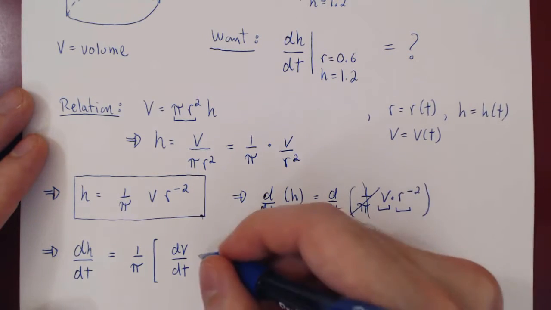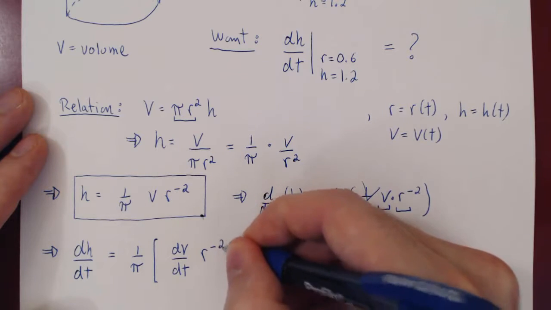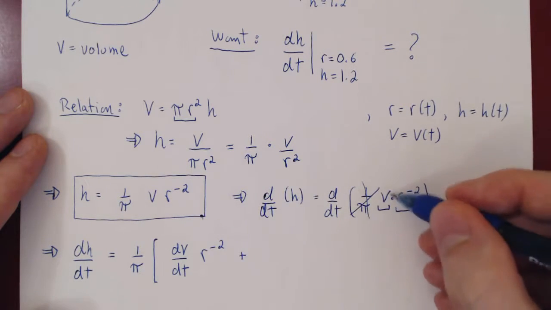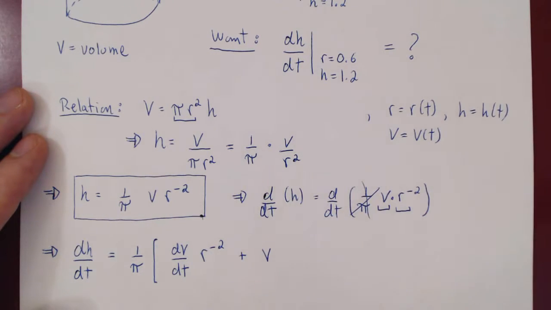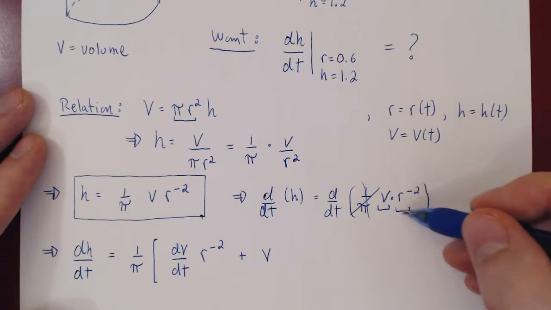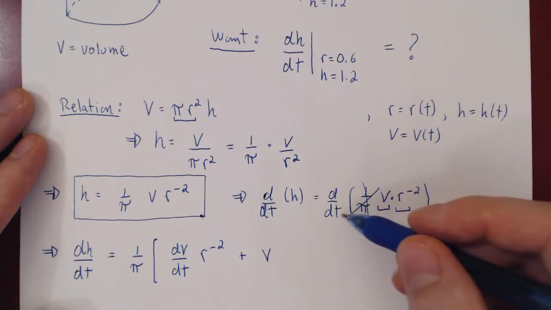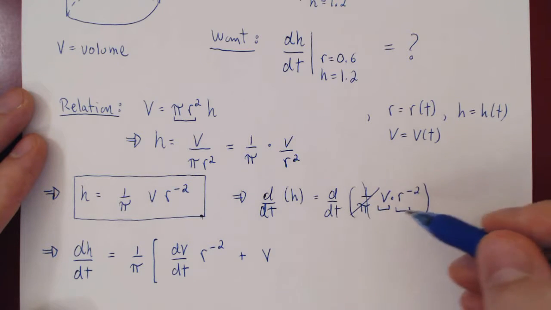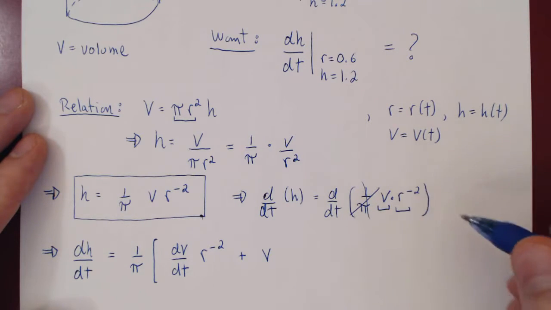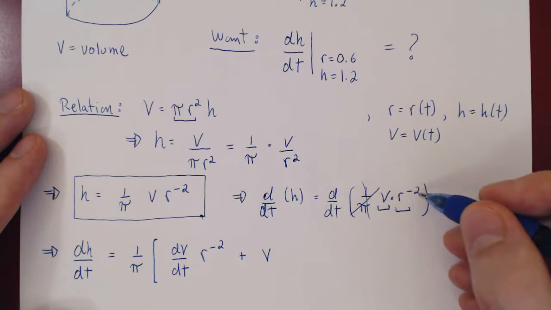times the second function, r to the negative 2, plus the first function V, and here you have to be careful. You differentiate r to the negative 2, but not with respect to r, but with respect to t. So be very careful here with the chain rule. We have r to the negative 2.